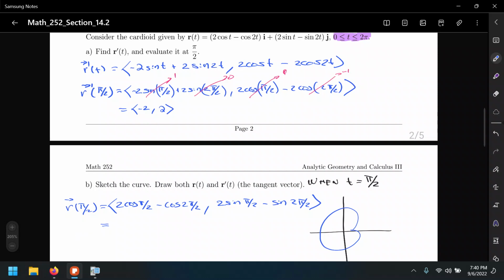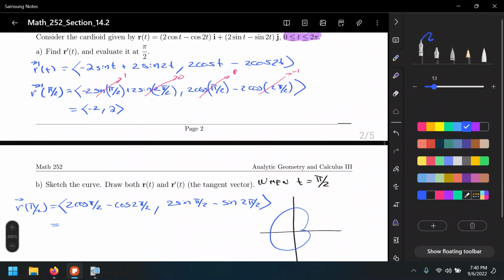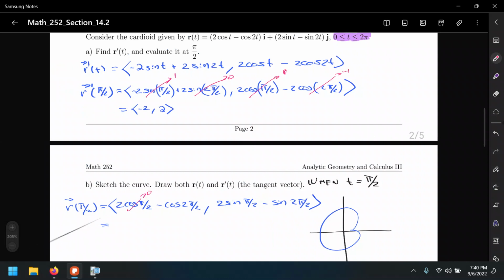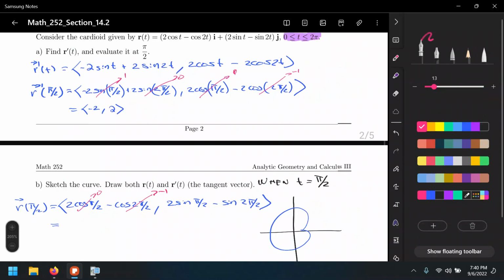Cosine pi over 2 is 0, so that goes to 0. Cosine of 2 pi over 2 is cosine of pi, which is -1, but times negative, that's +1.